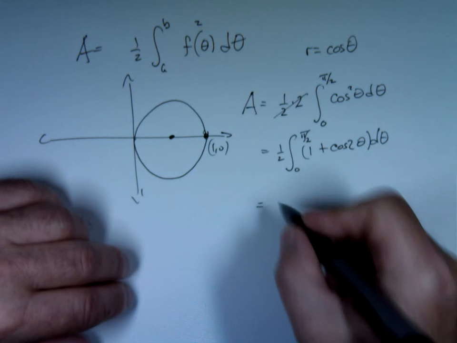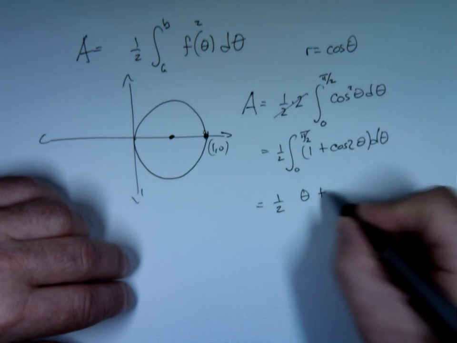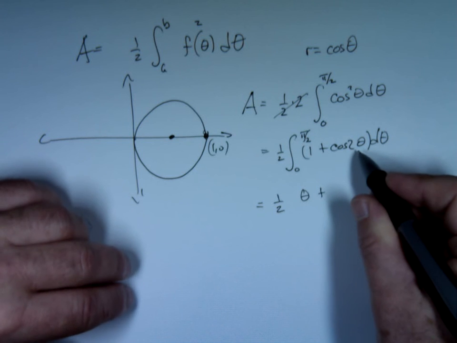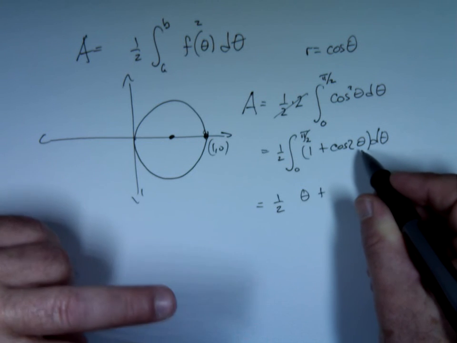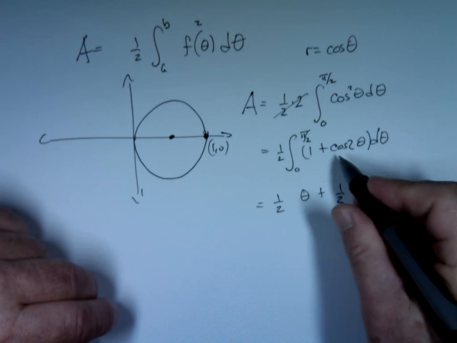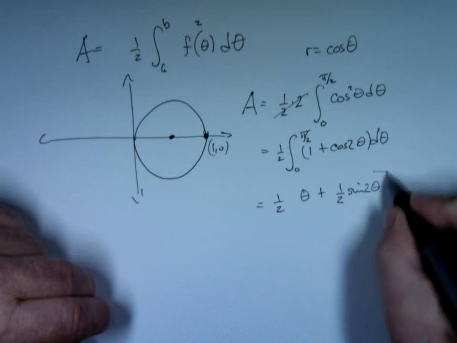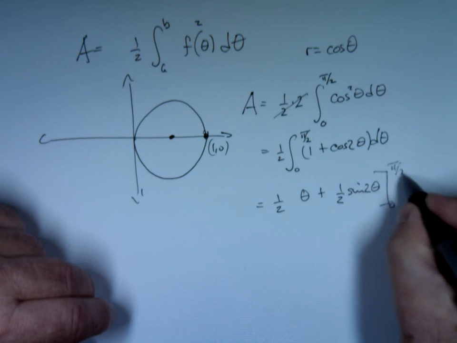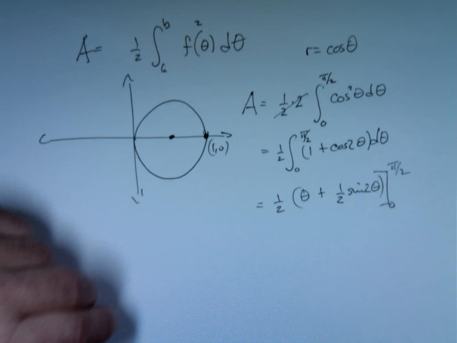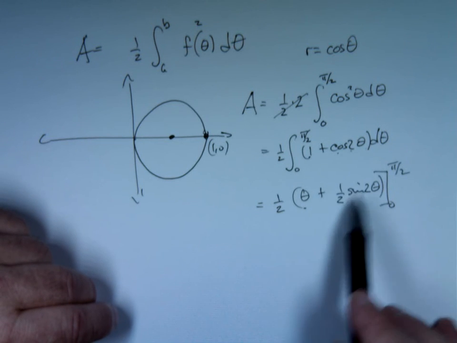Let's do it. The integral of 1 d theta is theta. The integral of cosine 2 theta: u is 2 theta, du is 2 d theta, so multiply by 1/2. The integral of cosine is sine. That's what you get: theta plus 1/2 sine 2 theta.